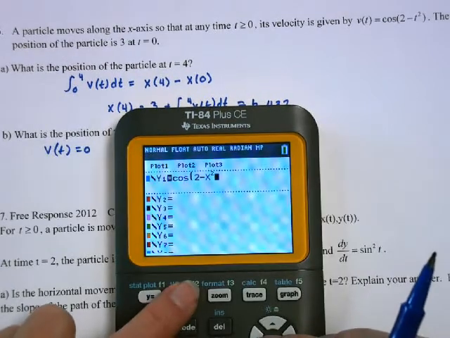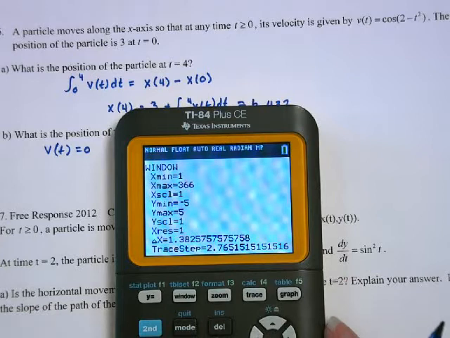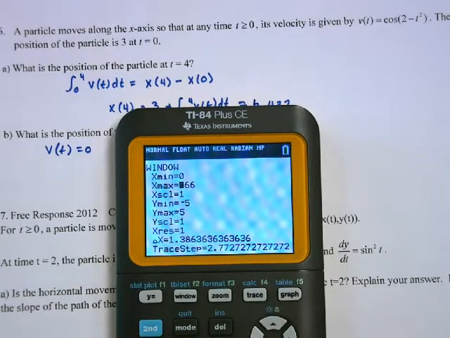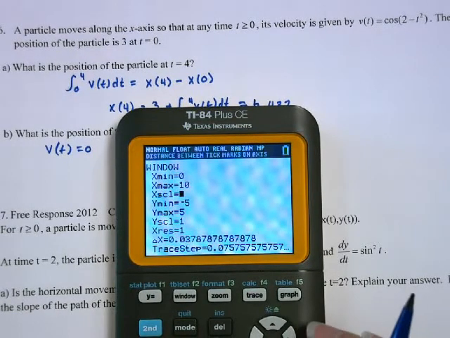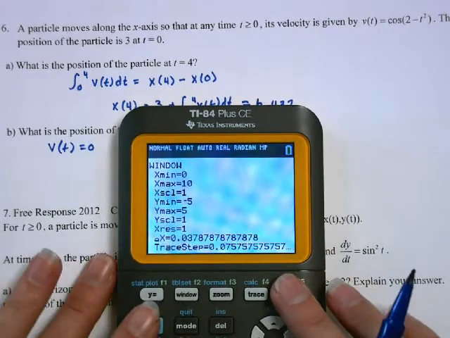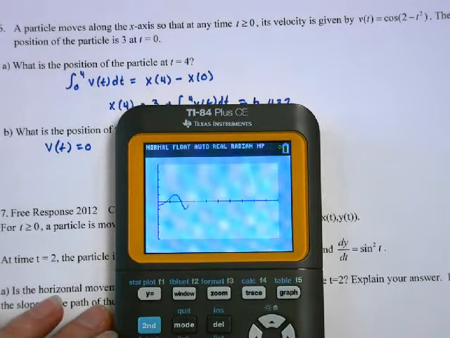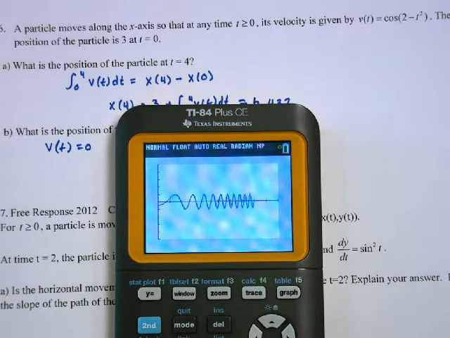Okay, in my window, we're starting at 0. Let's go to, I don't know, 10. We can guess there. And we're really just interested in where it's 0. So if I go ahead and graph it, we're going to find it's 0 at a lot of places, but we just care about the first one.